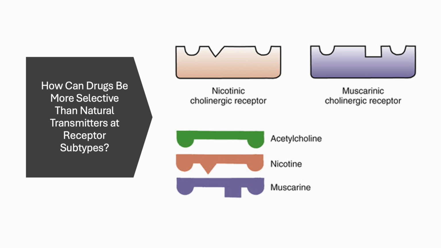Whereas the drug muscarine fits only in the muscarinic cholinergic receptor because it has the two semicircle shapes plus the square shape, and it's not going to fit in the nicotinic receptor. So by synthesizing chemicals that are structurally related to the natural transmitters, we have been able to produce drugs that are more selective for the specific subtypes, and more selective than the natural transmitters acting alone on those sites.